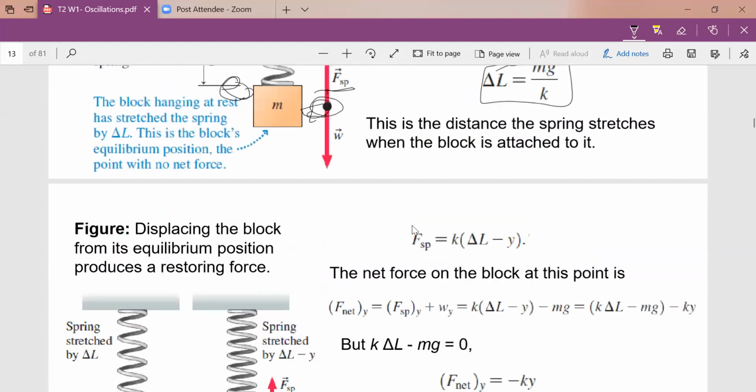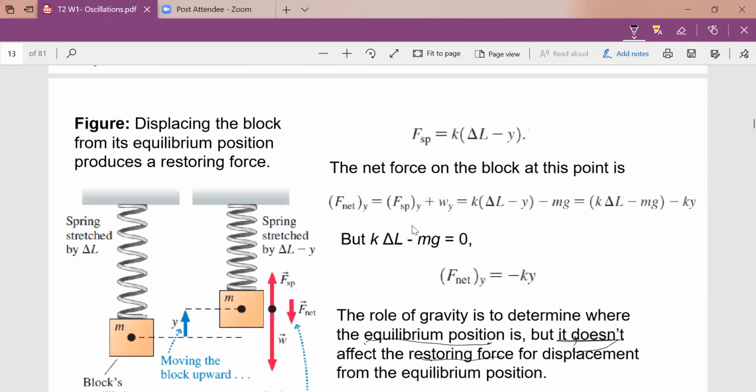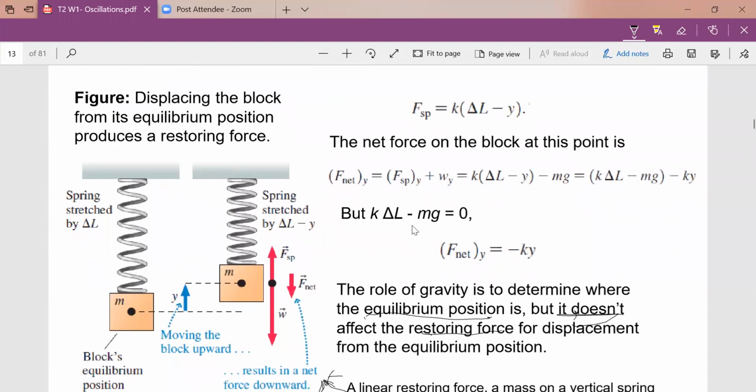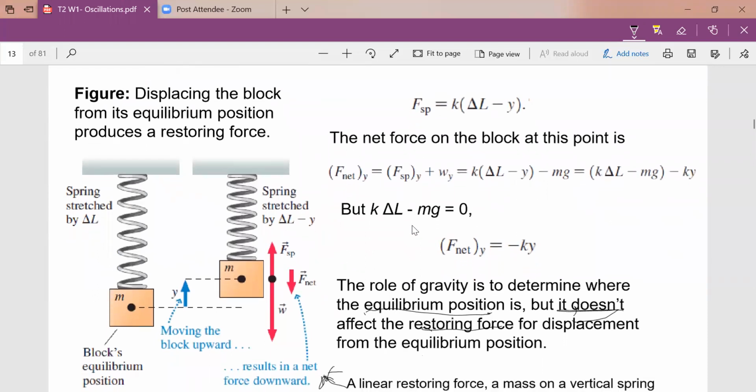Okay. So if we have a distinct description, after you hang the ball, we have this position being the equilibrium position, and you want to create a simple harmonic motion, you pull. If you pull this after stretching, this is the equilibrium position.